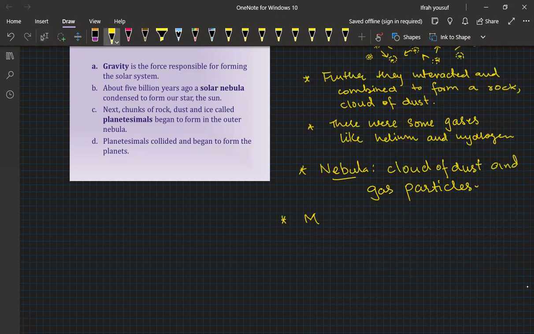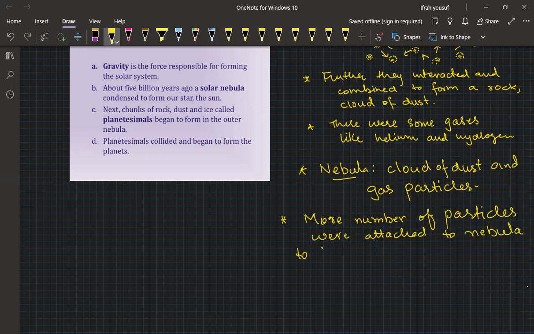More particles were attached to the nebula to form a big object, right?